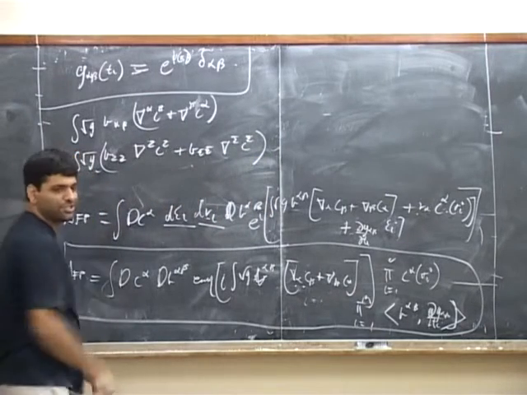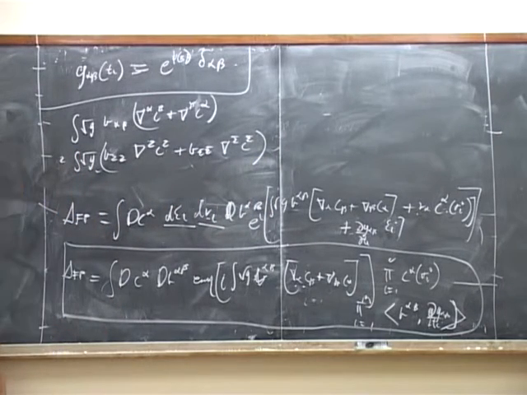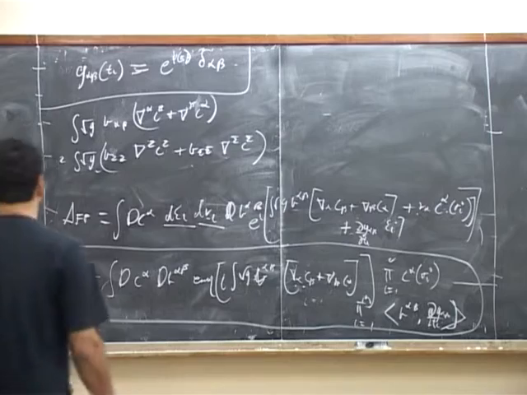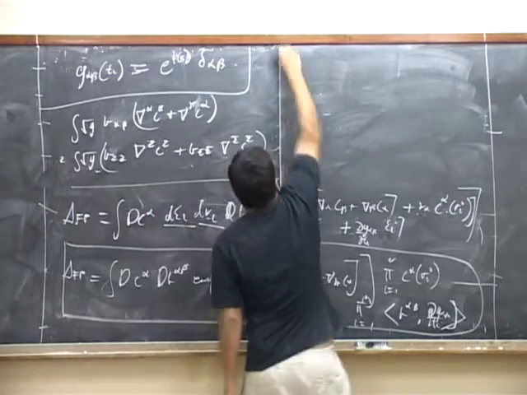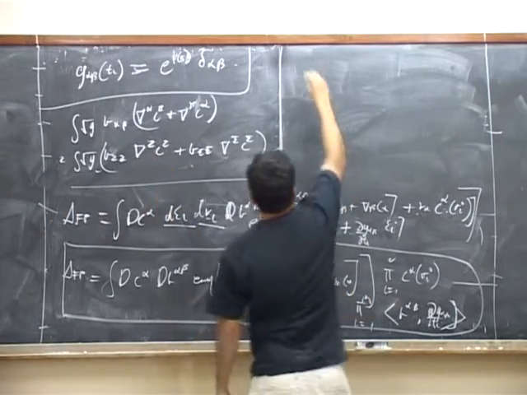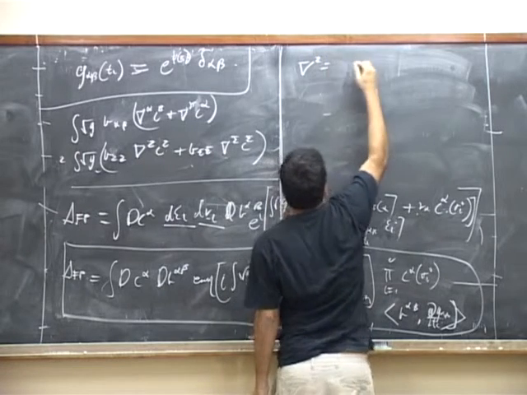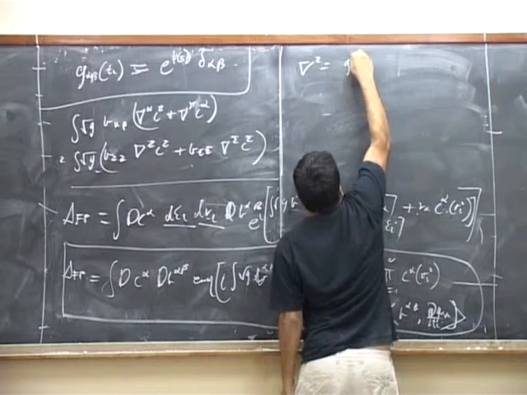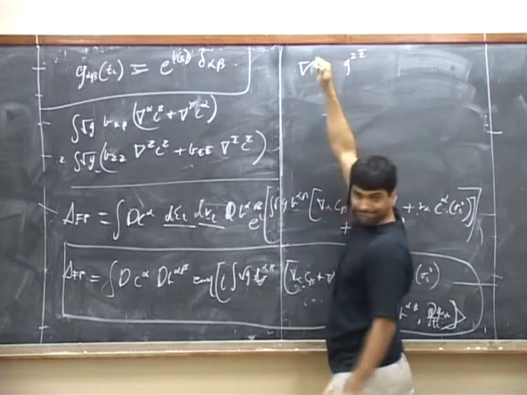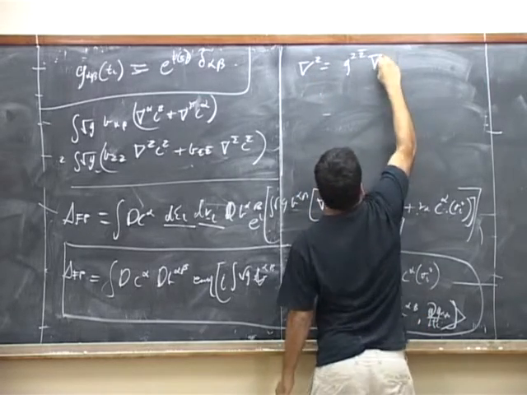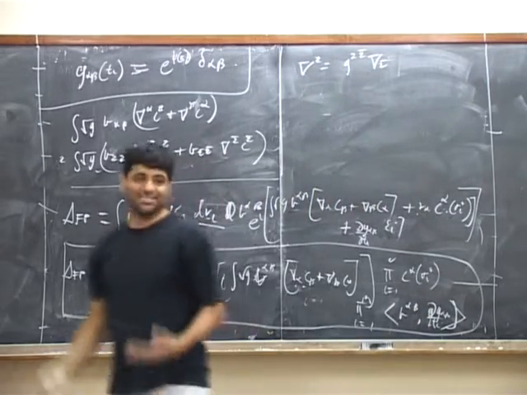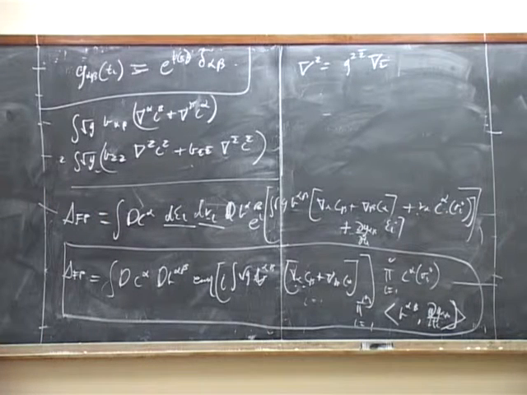There's an overall factor of 2, which I'm not keeping track of. Is this clear? Now let's work this out even more. What is del Z? Del Z is equal to G Z Z bar times del Z bar, because the metric has no Z Z component.